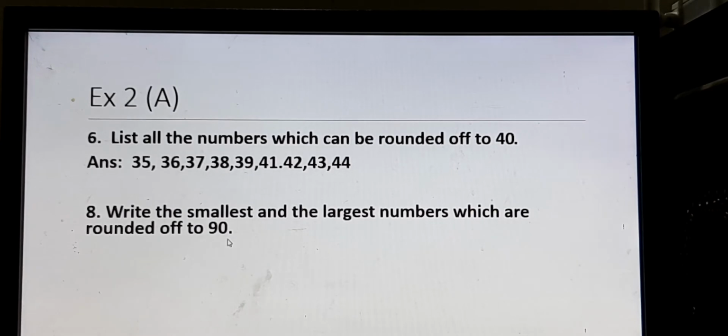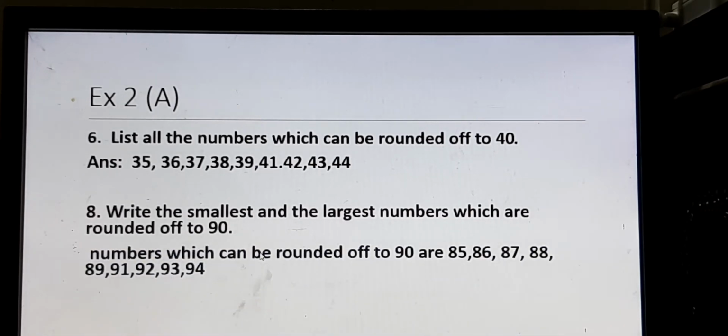And after 90 we have 91, 92, 93, 94 can be rounded off to 90. But if you take 95, it will be rounded off to 100, so that is not included. So let us see the answers. Numbers which can be rounded off to 90 are 85, 86, 87, 88, 89, 91, 92, 93, 94.